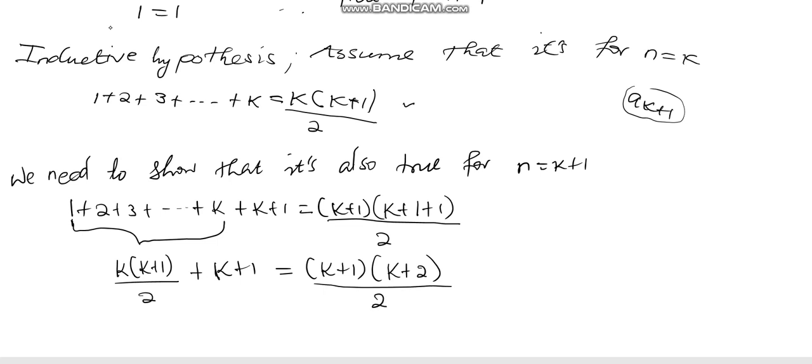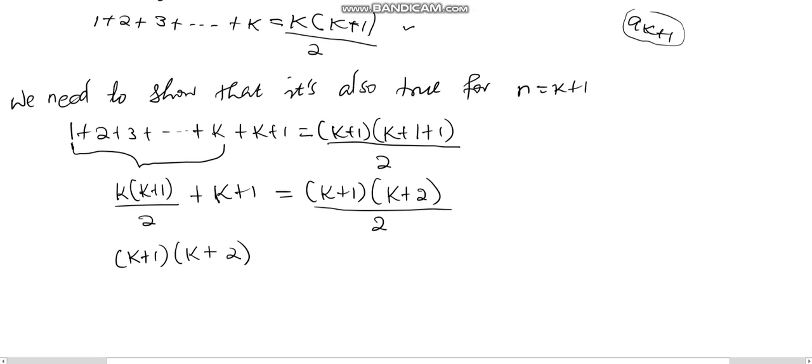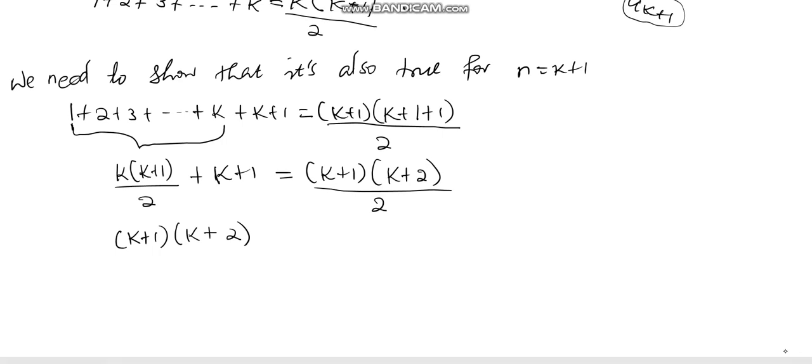Here you'll notice that k plus 1 is common, so we can factor out k plus 1. When we factor out k plus 1 on the left hand side, we have k plus 1, then we remain with k plus 2, then we divide by 2.